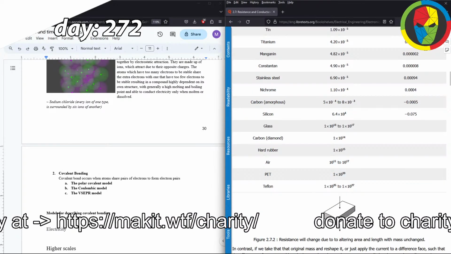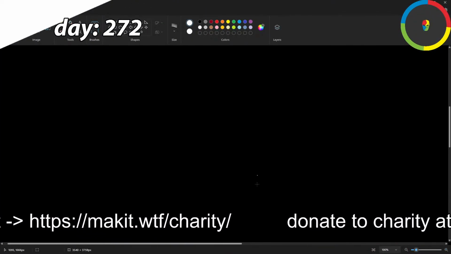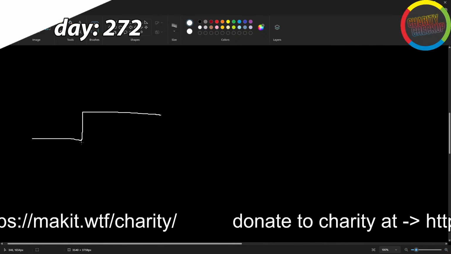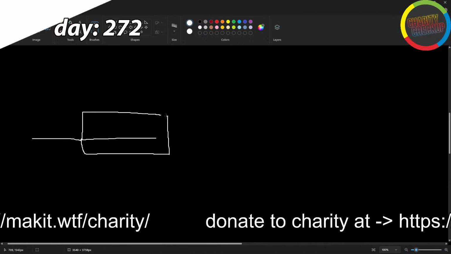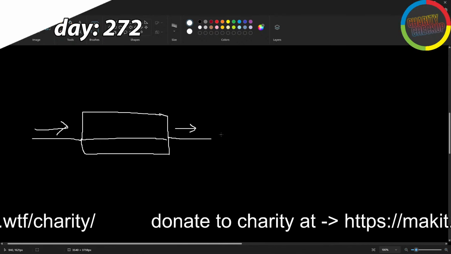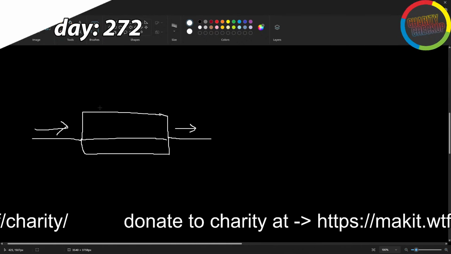So for example, if you have a system which looks like this, these are just wires, and it's going this way, and I don't remember the notation.